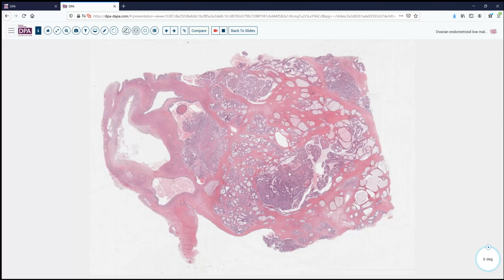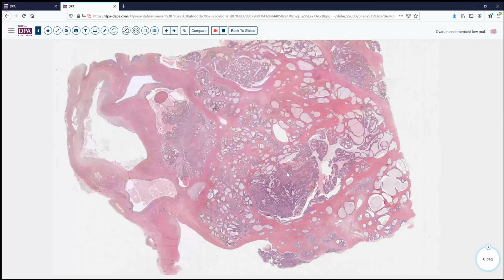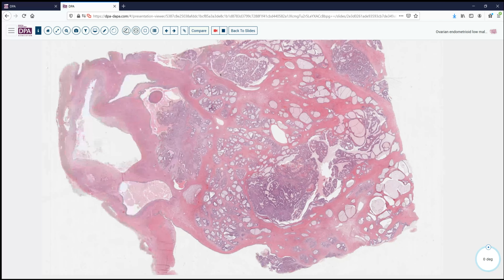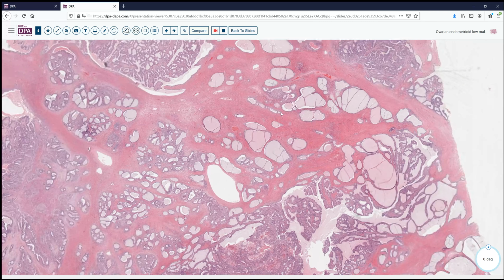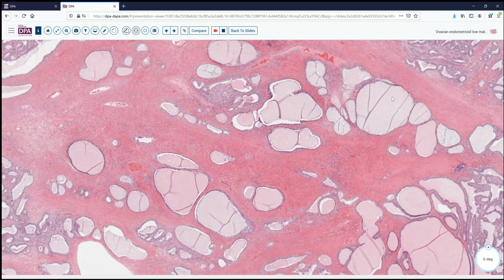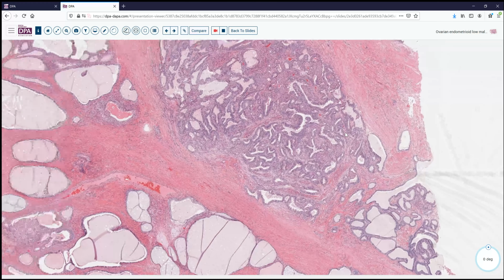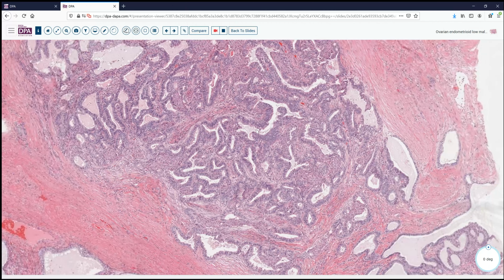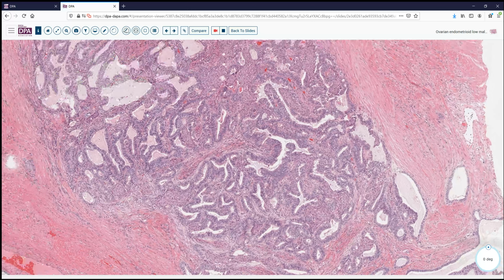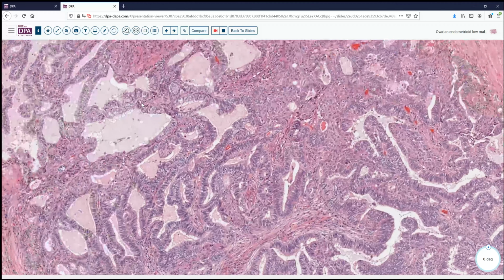Another example, another section, I think, from the same case. And here we can see less of the proliferative pattern and more of this cystic adenofibromatous component that is quite clearly low-grade or benign, but admixed with these areas where we get a little bit more complexity, more epithelial cell volume, some stromal changes, some squamous metaplasia, and a little bit of stratification of the nuclei, maybe a minimal degree of loss of polarity, and so forth.